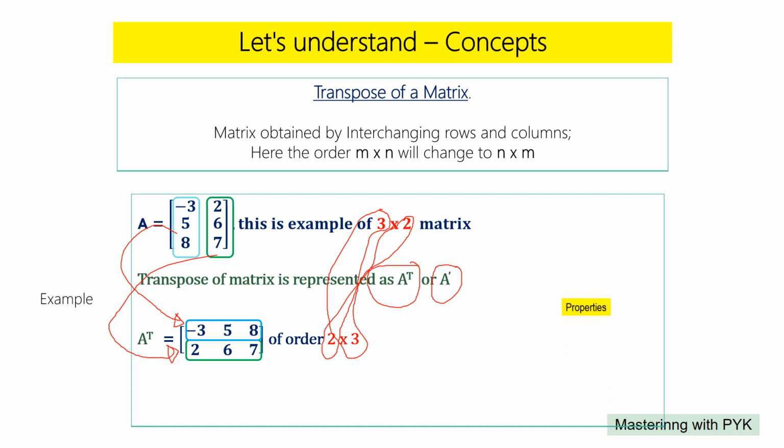So before we proceed, let's understand a few properties. When we transpose a transposed matrix, we get back the original matrix. So if we have to transpose it again, it would become A transpose of transpose.